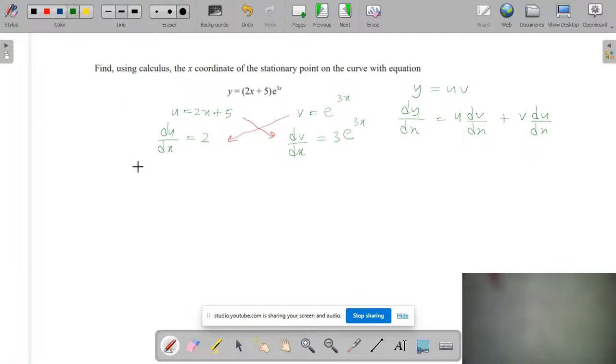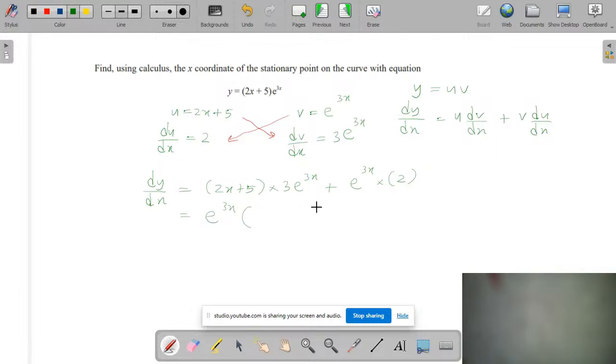So my result will be dy by dx equals u times dv by dx plus v times du by dx. Then we can see that e to the power 3x is common, so I take it out as a common factor.